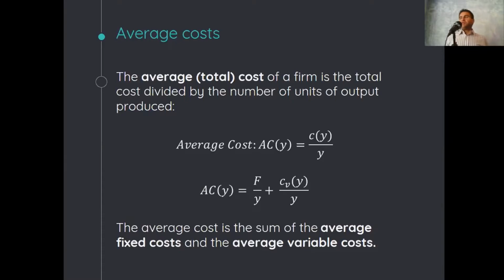The average fixed cost means you take your fixed cost and divide it by the level of output you are producing for that store, your business unit. And the average variable cost is your variable cost divided by the output level. Basically, the same idea, you're just taking the average of these costs. But this allows you to much more effectively compare within business units.